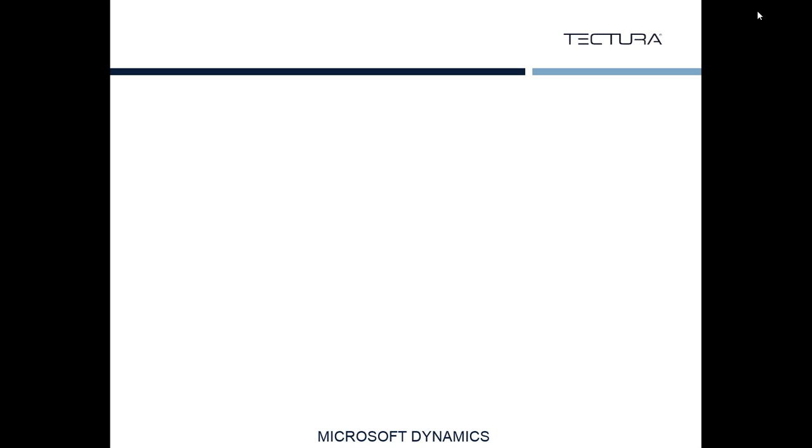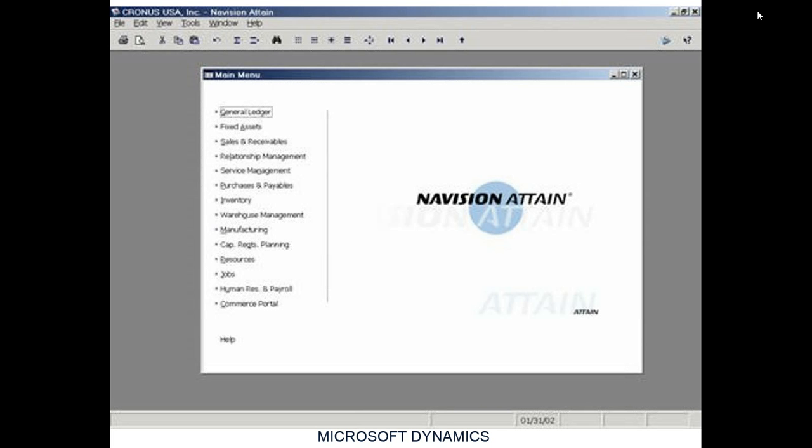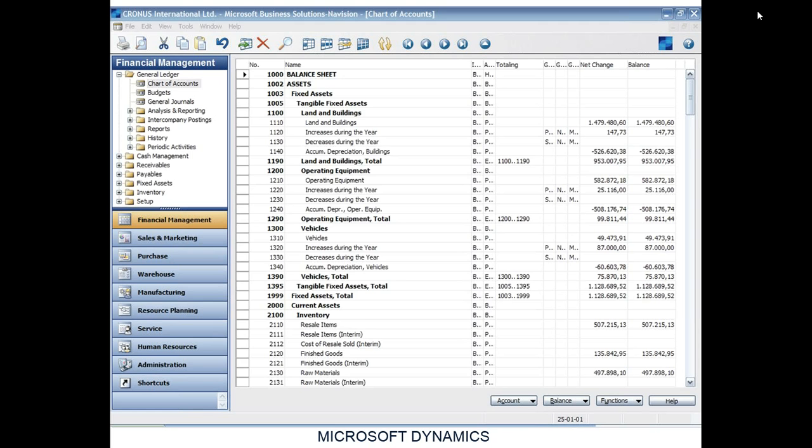So the origin of the product was a financial system. Moving into Navision version 3, which is known as Navision Attain, which saw the merging in of the operational functionality around distribution and manufacturing into Dynamics NAV.